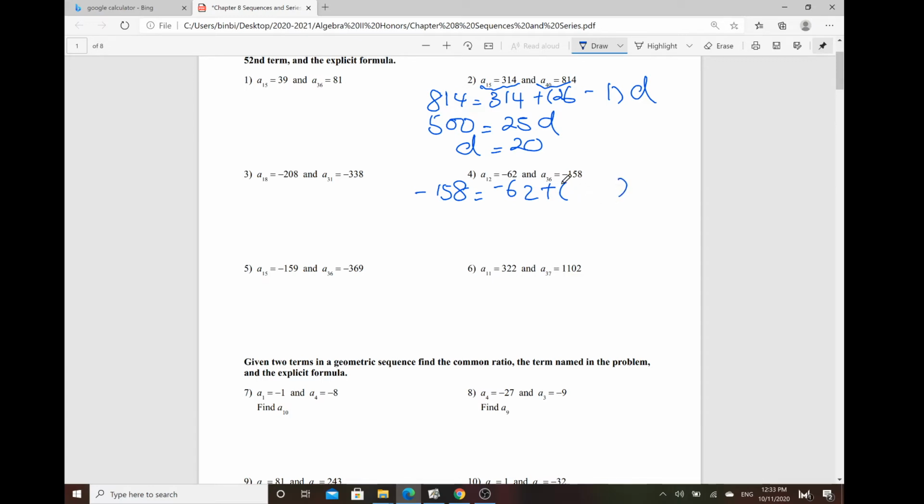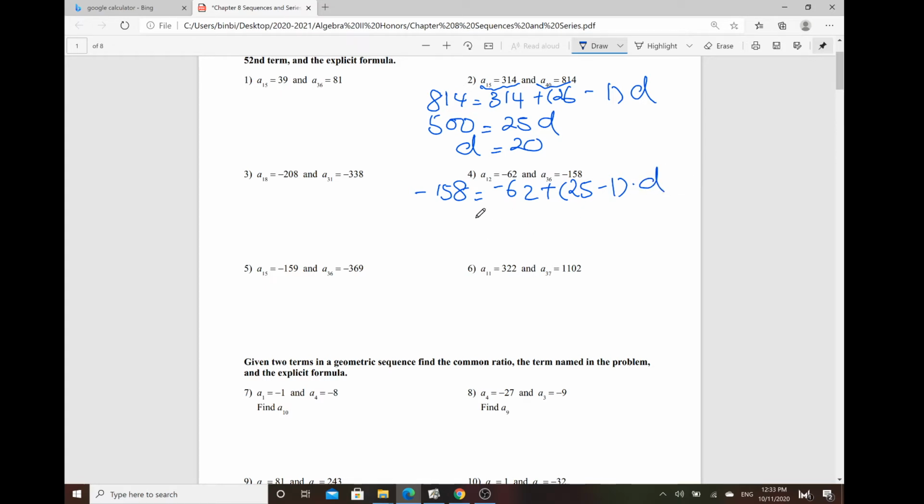For the value of n, you want to count from the initial term, a sub 12, all the way to a sub 36. So the total number of terms would be 24 plus 1, which is 25. 25 minus 1 times the common difference.